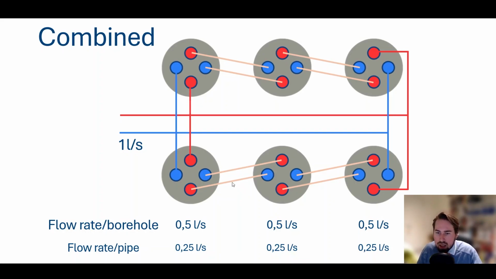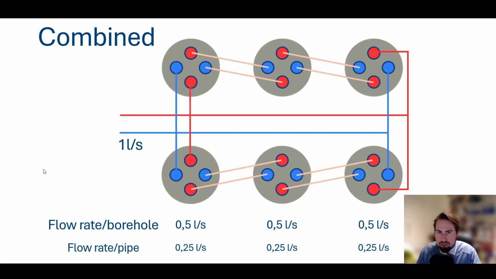And since every group has 3 boreholes in series, we know that each borehole will have the same 0.5 liters per second as a flow rate. So that's why you should enter, for this hydraulic design in GHEtool, the 0.5 liters per second. And in the backend again, the flow rate per pipe is 0.25 liters per second.